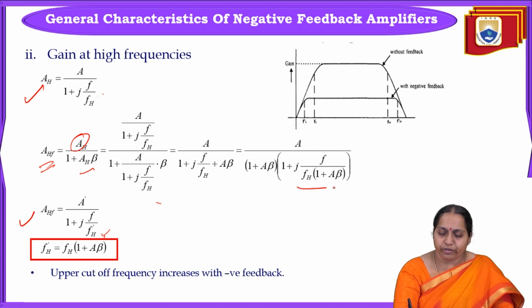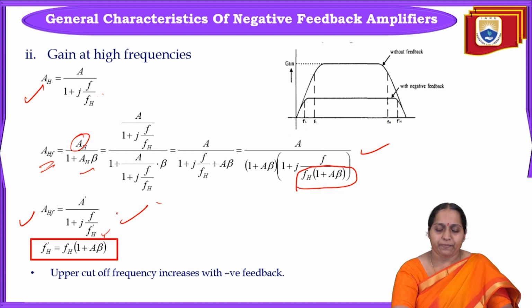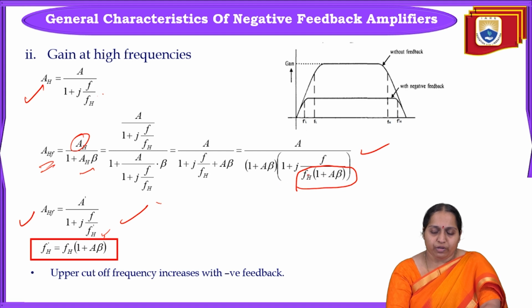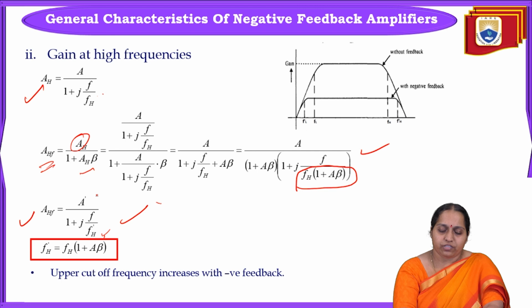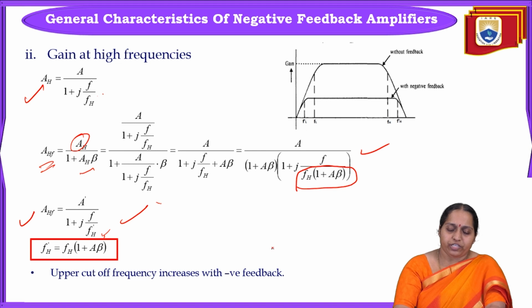FH dash is equal to FH into 1 plus A beta. See these two. Compare these two equations. Then it is A by 1 plus A beta into 1 plus j f by FH. So this is equal to A by 1 plus j f by FH dash. So you'll get FH dash equal to FH into 1 plus A beta.